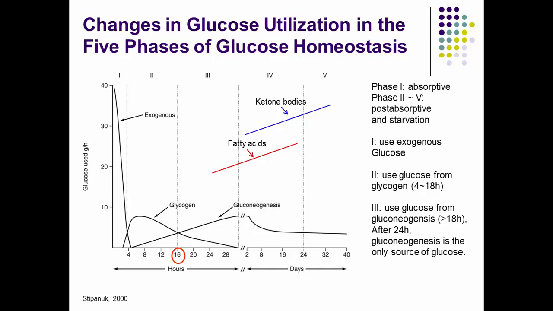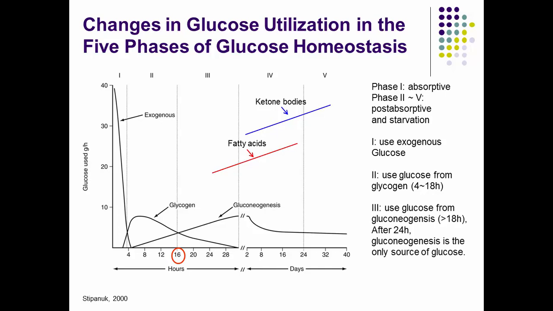So phase 2 is basically from 4 hours after a meal to about 16 hours after a meal. During this time period, glycogen is the most important energy source, so we break down glycogen and utilize it as an energy fuel.